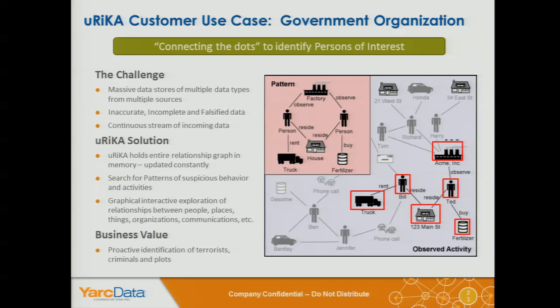This pattern matching is really the most important feature of a semantic graph database. It's a subgraph isomorphism problem. So you define a pattern that is interesting to you, and we can find it at a high rate of speed.